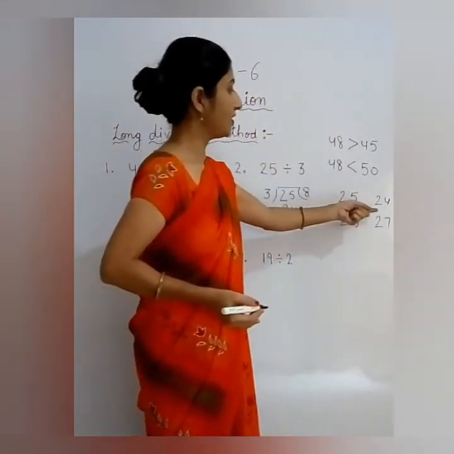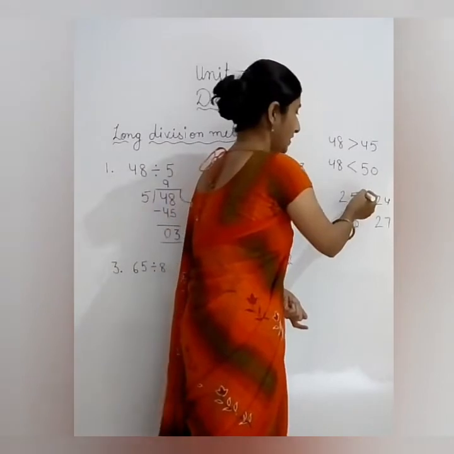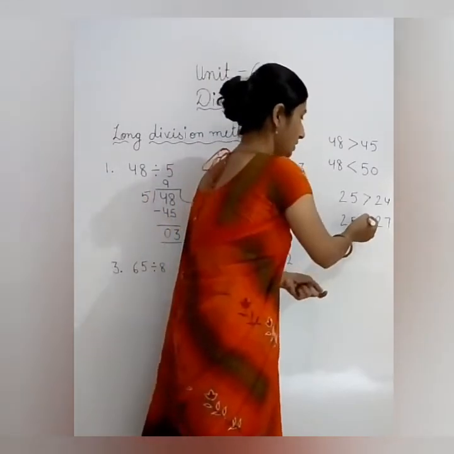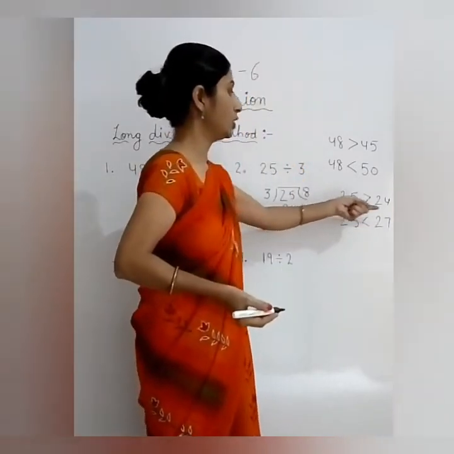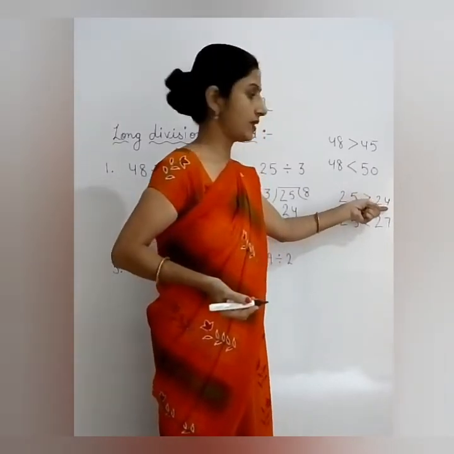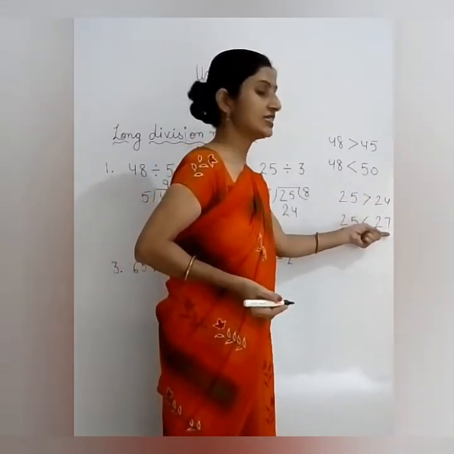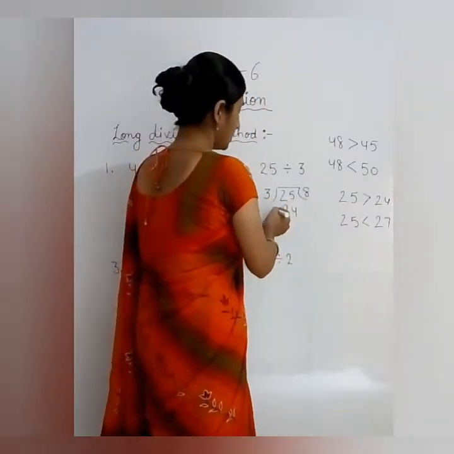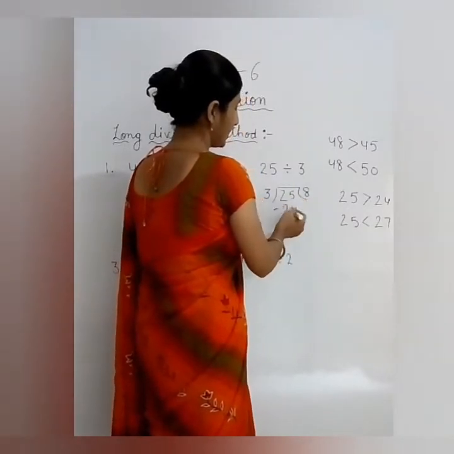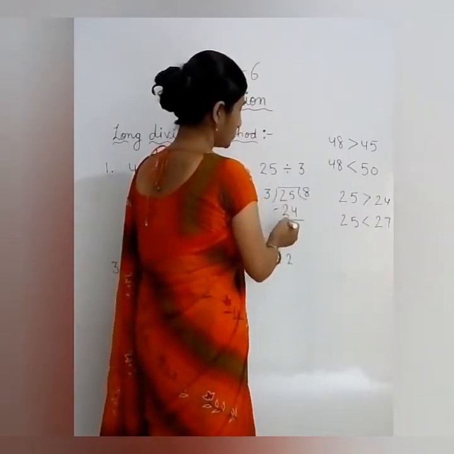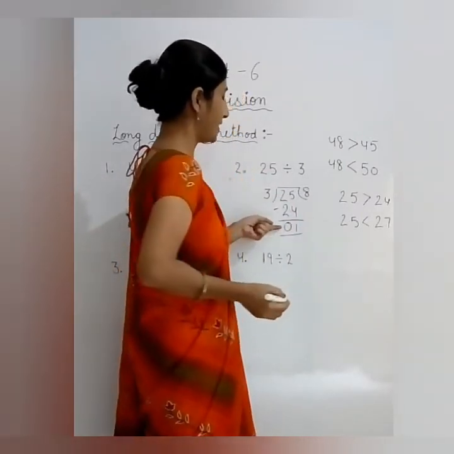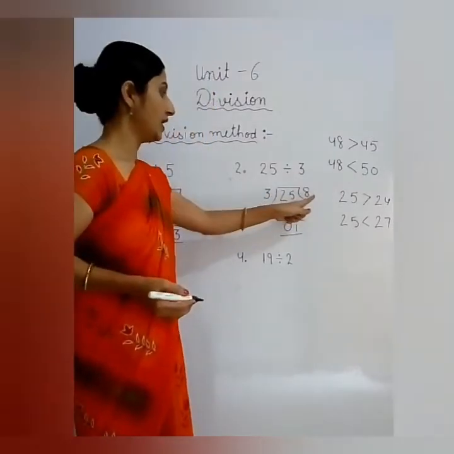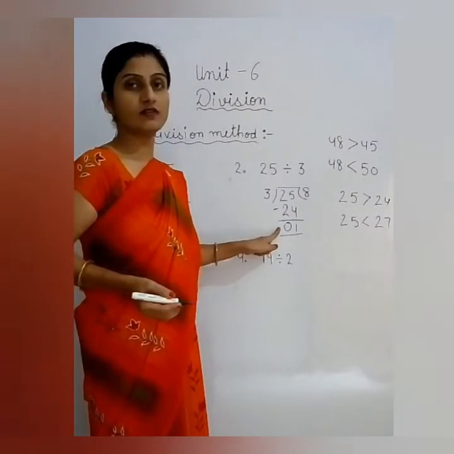So in 25 and 24, which one is greater? 25. Here 25 and 27, which one is greater? 27. Therefore we will subtract 24 from 25, because 27 cannot be subtracted from 25. So we write here 3 8s are 24. 5 minus 4 is 1, 2 minus 2 is 0. So what is our remainder? 1. 25 is our dividend, 3 is our divisor, 8 is our quotient and 1 is our remainder.